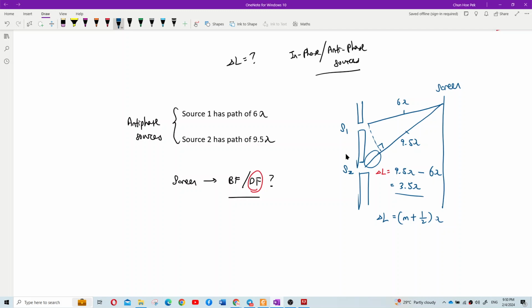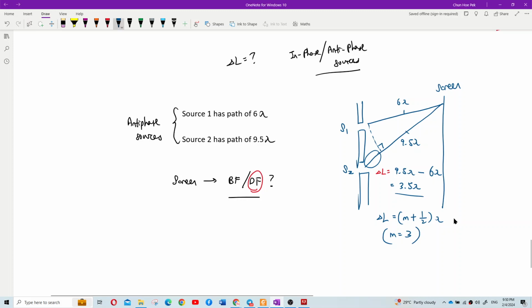M plus half lambda, where M is equal to 3, right? Is this the bright fringe formula or dark fringe formula? Dark, sir. Okay, good.